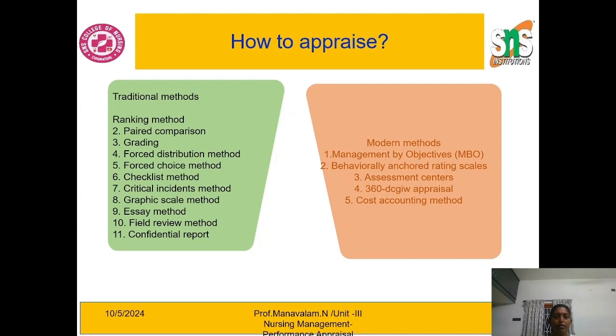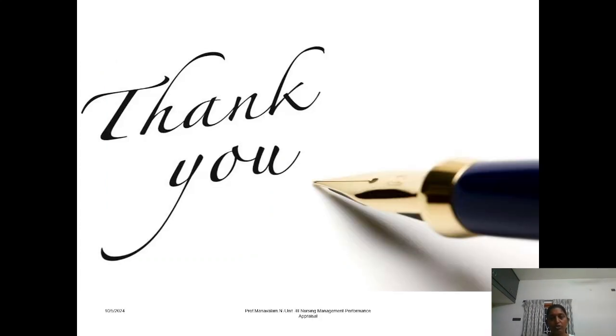Under traditional methods, we can use ranking method, paired comparison, grading, forced distribution method, forced choice method, checklist method, critical incident method, graphic scale method, essay method, field review method, and confidential report. Under modern methods: management by objectives, behaviorally anchored rating scales, assessment centers, 360-degree appraisal, and cost accounting method. Any one of these methods we can apply. Thank you. Next we will see about each method in detail.